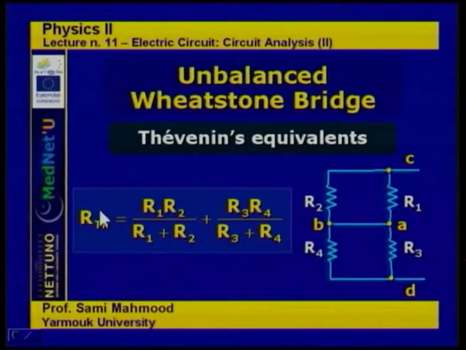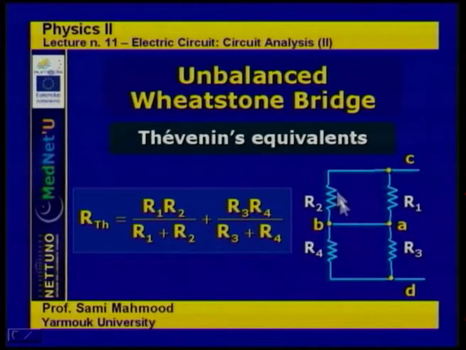So here we have two resistors. The first set is R1, R2 in parallel. They give an equivalent resistance of R1 R2 over R1 plus R2, as we have learned before. And R3, R4 in parallel, the equivalent resistance of these two in parallel is R3 R4 over R3 plus R4.